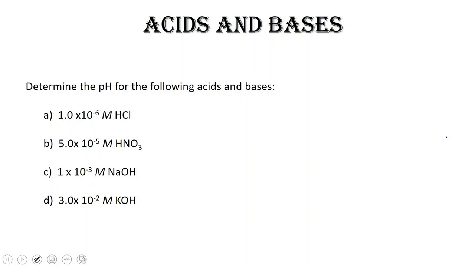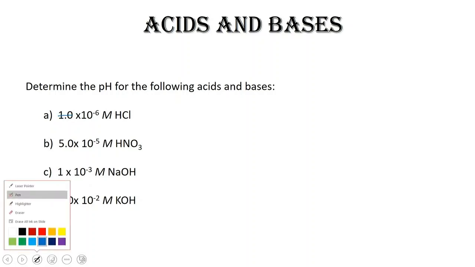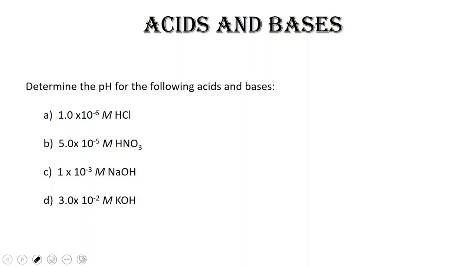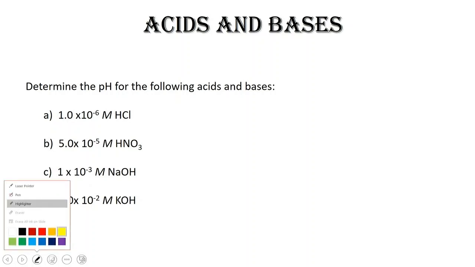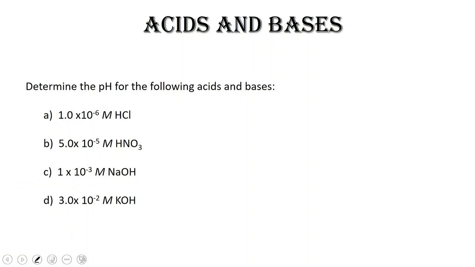Being that pH is a logarithmic scale, when you have simple concentrations like the first one, where 1 is our coefficient and we have our power of 10, then we see here that we have 10 to the minus 6.